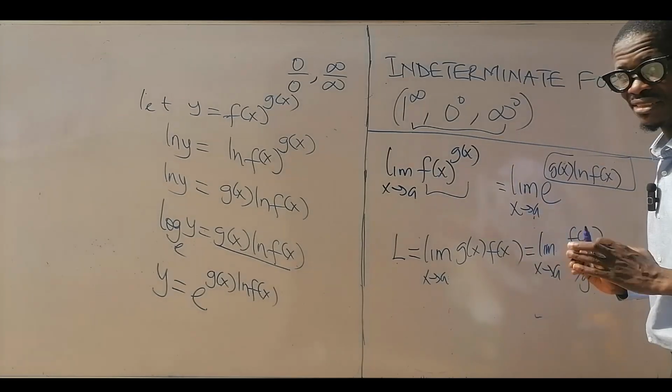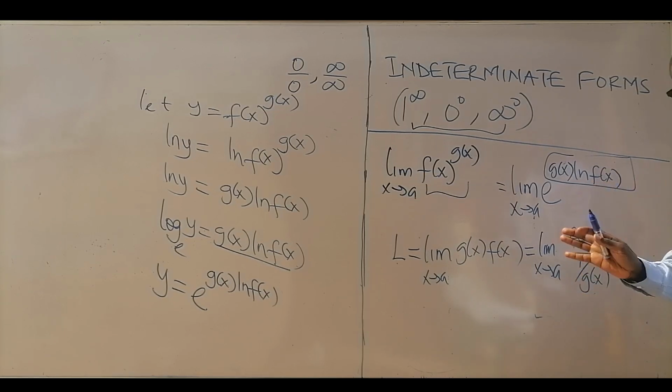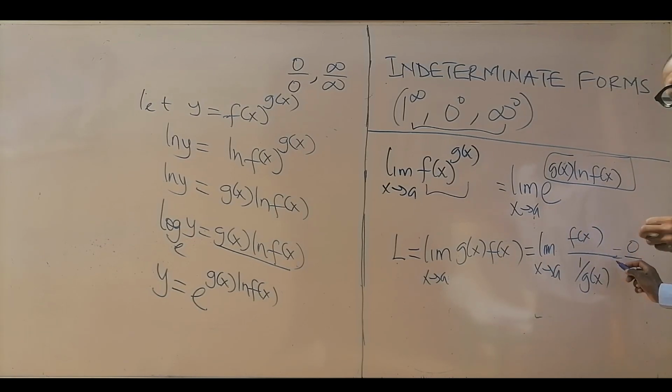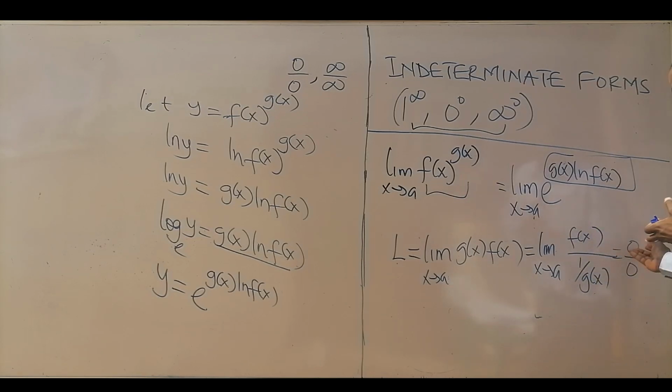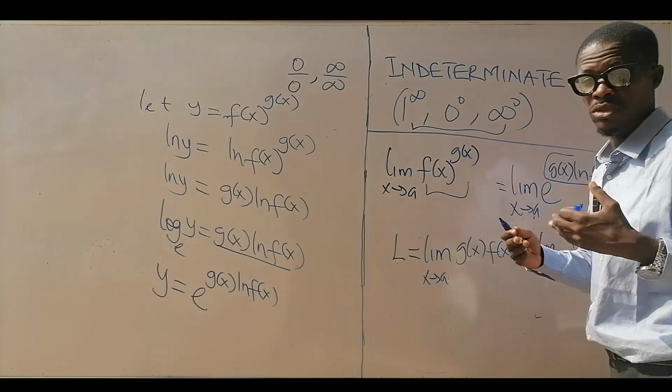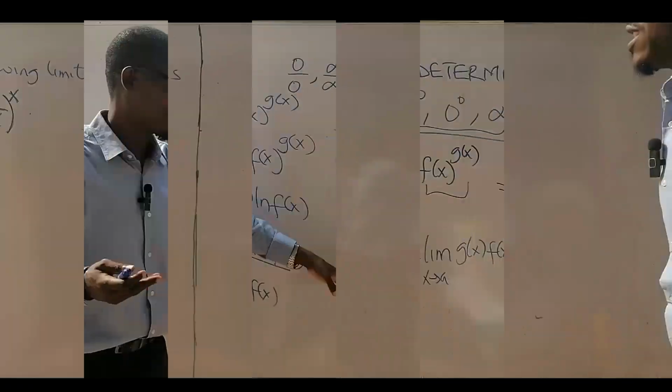So this one and this one are the same thing. It's just a little algebra. By the time you now substitute, we achieve our target of either 0 over 0 or infinity over infinity. That's the target of this work. Then after that, you apply your L'Hopital rule. So that's that.